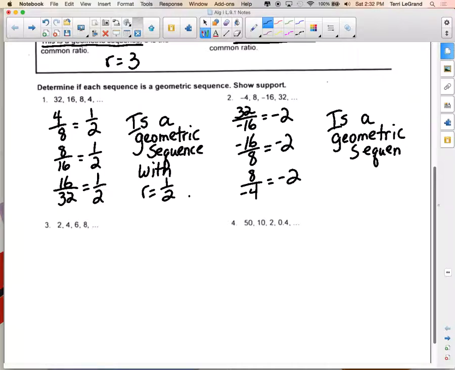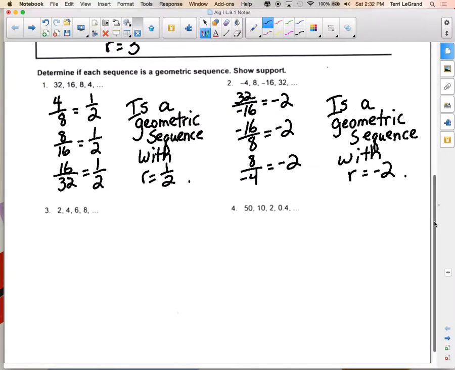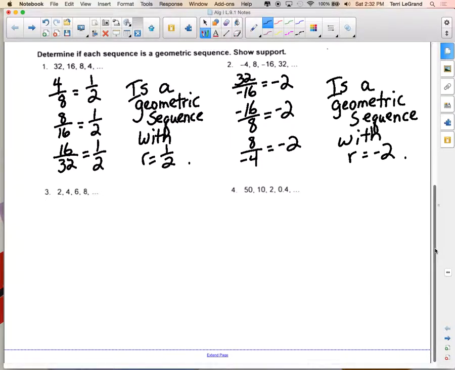And once we decide it's a geometric sequence, remember we ask what is the multiplier, what is that constant ratio, that R value? It is -2. In other words, if you keep multiplying by -2, you get the next term. -4 at the beginning times -2 is 8. 8 times -2 is -16.